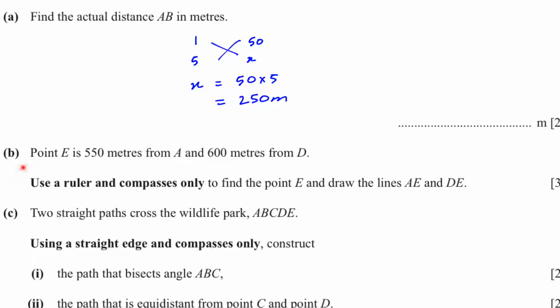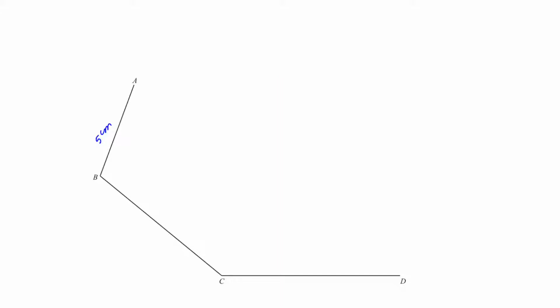Part B. Point E is 550 meters from A and 600 meters from D. Use a ruler and compass only to find the point E and draw the lines AE and DE. So we have to mark from A a point and from D. The distance is 550 meters from A. So 550 meters.